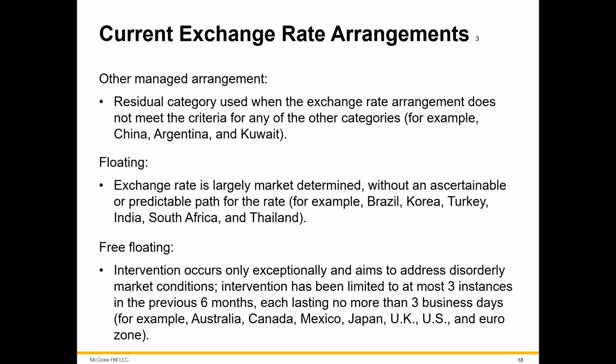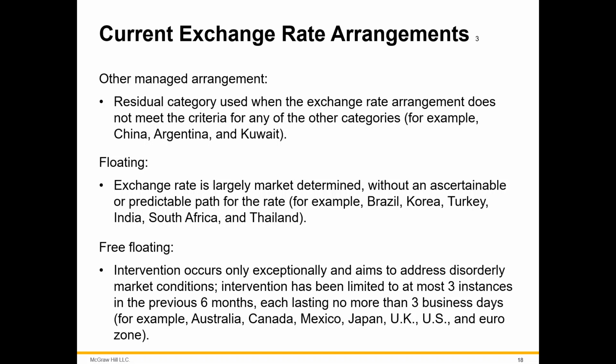The last two categories are floating and free floating, and they both have the feature that the exchange rate is largely market determined. The key difference here is that free floating is a status you earn after you've shown a commitment over 6 months of not having disorderly market conditions around the currency.